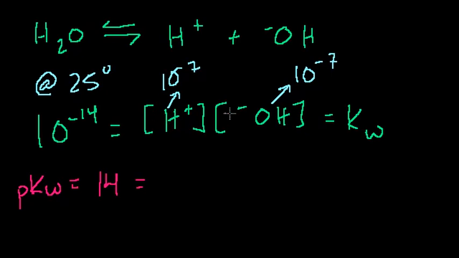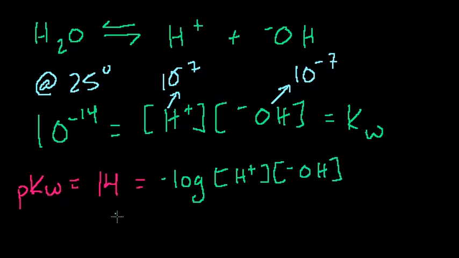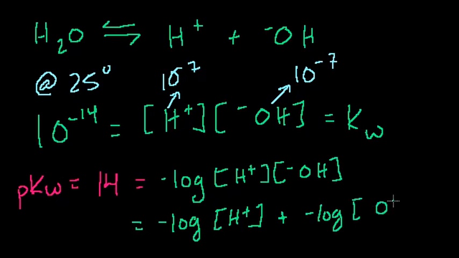well, if I take the negative log of this side right here, let me do that. This is just logarithm properties. This is more math than chemistry. So the log of H plus times OH minus, our hydroxide ion, that's the same thing, just logarithm properties. This is the same thing as minus log of H plus, plus the minus log of OH minus.